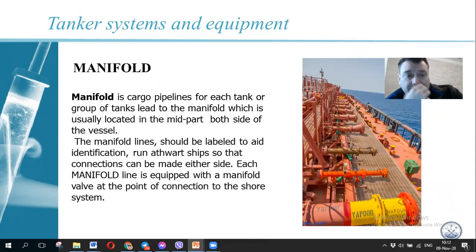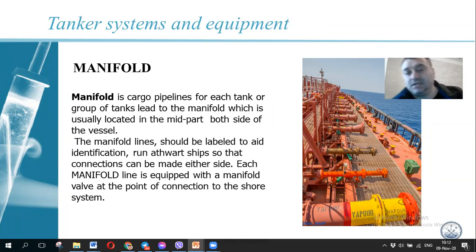So what are the manifolds? Manifolds are the cargo pipelines for each group of tanks. It doesn't matter if it's for one tank or for a group of tanks. It's a cargo manifold from the bow side, from the port side and from the starboard side, and they are equipped with valves.